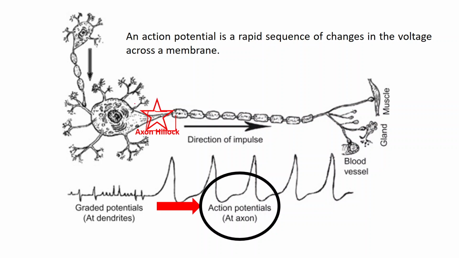Anyone has an idea what's special about this location? What's special about the axon hillock? Why, in that particular location, when it's depolarized to the threshold, will it result in an action potential?